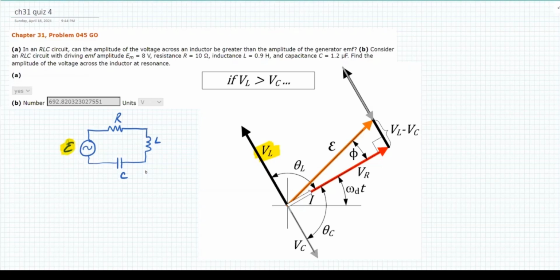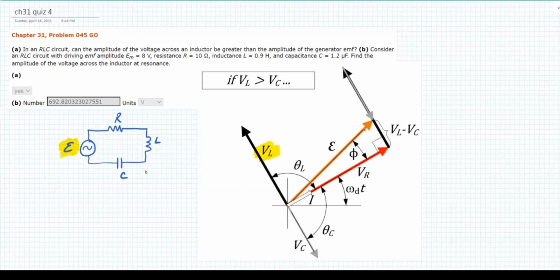If you're like me, your instinctive, knee-jerk reaction is, of course not. How could I have a voltage across an inductor be, for example, 100 volts and my EMF be 50 volts? That's impossible, right? That violates conservation of energy and common sense. So your knee-jerk answer is no, that can't happen.